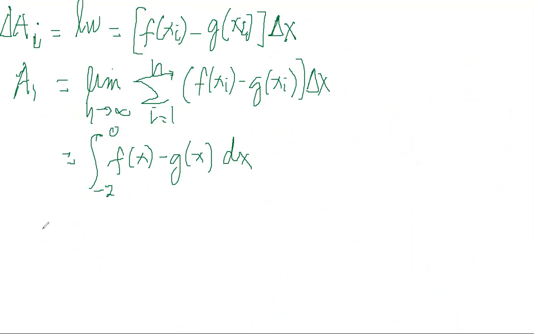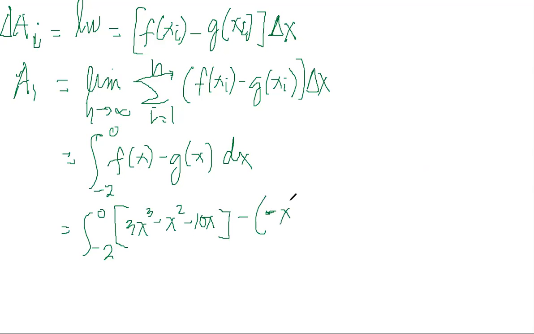Okay, so let's substitute the functions. From -2 to 0, our f of x is 3x cubed minus x squared minus 10x, correct? That's our f of x, minus g of x, which is -x squared plus 2x, dx.